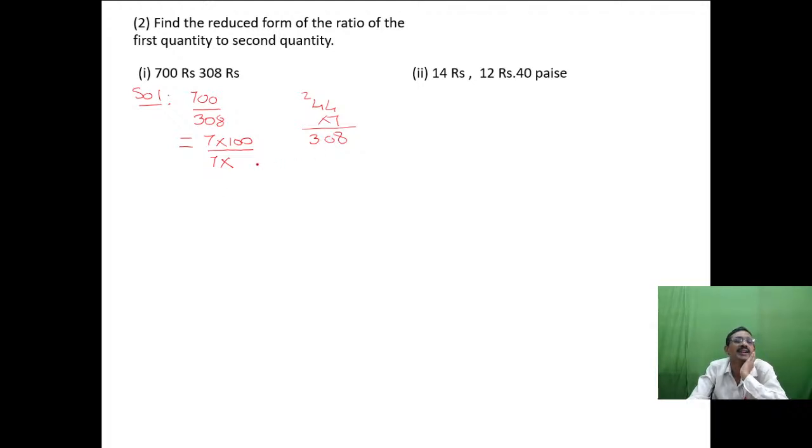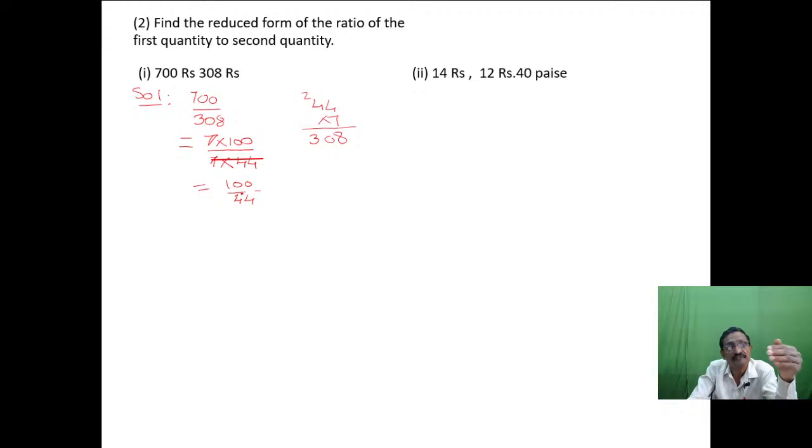So can I say that 7 into 44 gives me 308. Now here 7 into 100 gave me 700, 7 into 44 gave me 308. 7 ones are 7, 7 ones are 7. What I have with me is 100 upon 44.